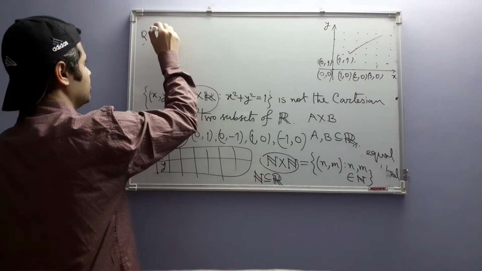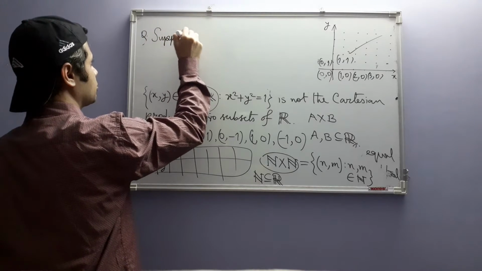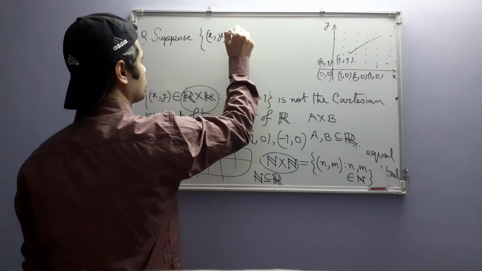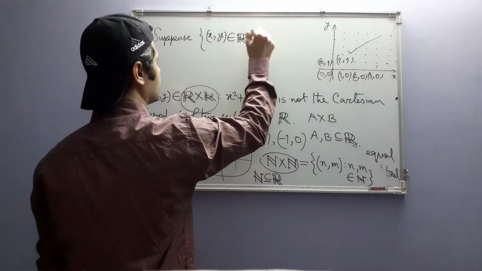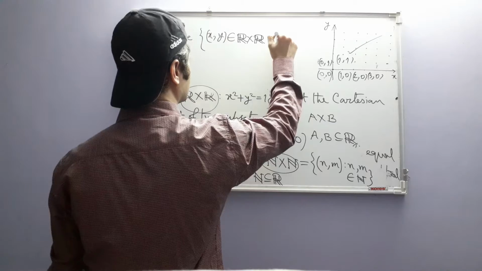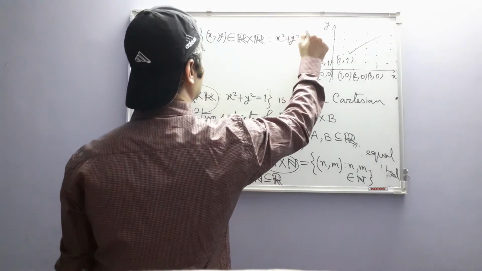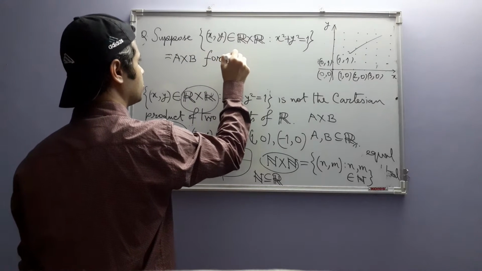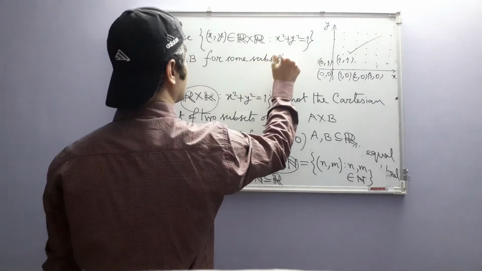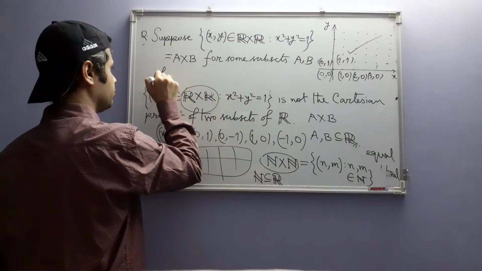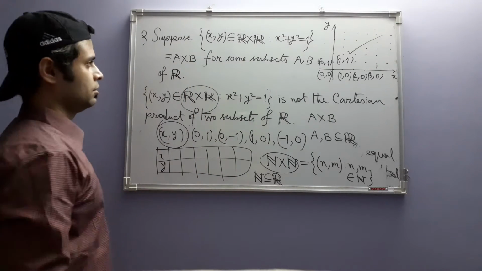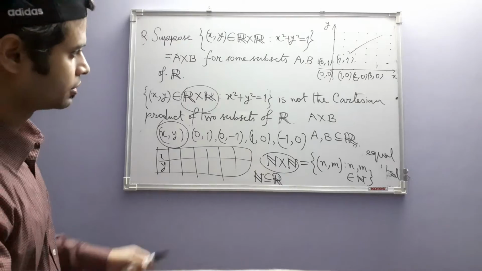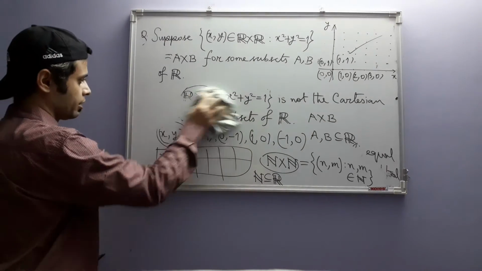Assume or suppose, same thing. Suppose the circle, the set of all (x, y) belonging to R cross R such that x squared plus y squared equals 1, is equal to A cross B for some subsets A and B of R. Now we have to run into a contradiction which will prove that our supposition is wrong, thereby proving the result or the claim.